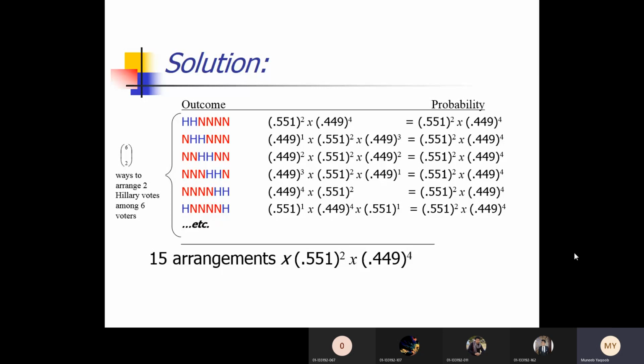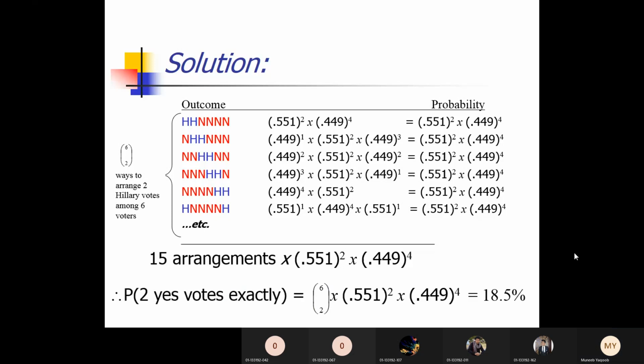Hence, we identified that the probability that out of 6 voters, 2 votes will be given to Mrs. Clinton is basically 15 into 0.551 power 2 into 0.449 power 4. So this is the probability of capital X equals 2.